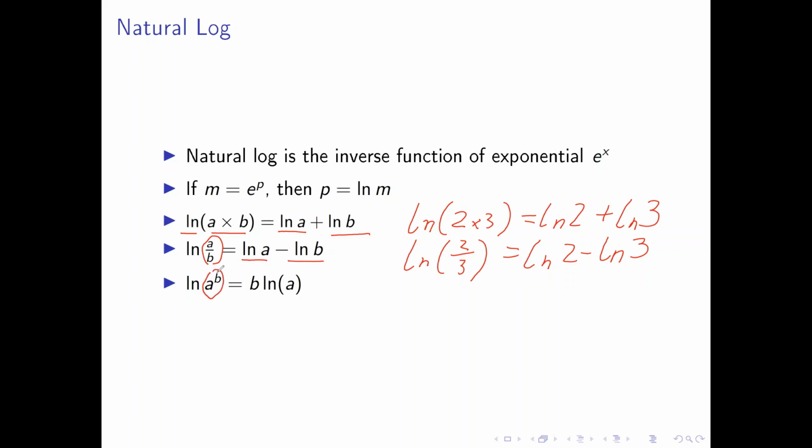Well, we can move this power in front of the logarithm. Give you an example. Let's say log of 2 raised to the power of 3. What is that equal to? Well, move 3 in front of the log function. It is equal to 3 multiplied by log of 2.